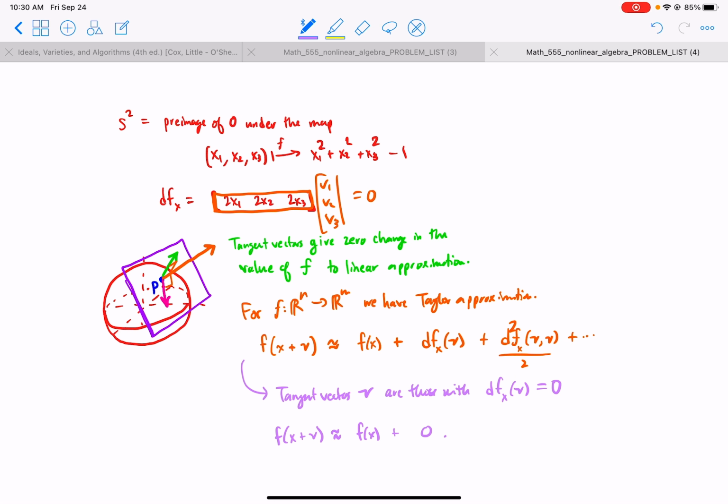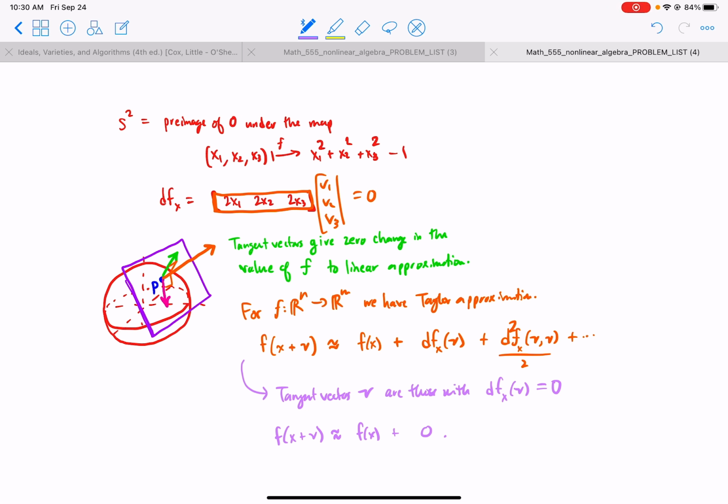Let me think. What do I say? Basically, if you know the tangent space, you know the normal space. If you know the normal space, you know the tangent space, provided you can solve linear equations. Namely, the linear equations something times something equals 0, where we have a vector times a matrix times a vector equals 0.